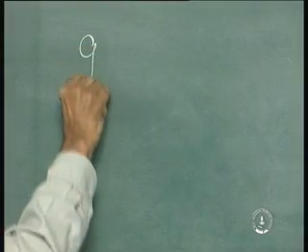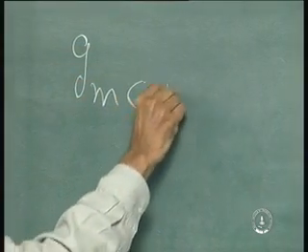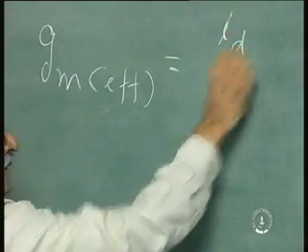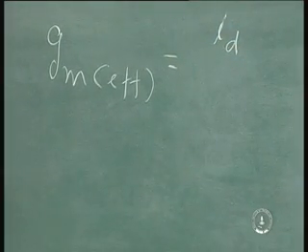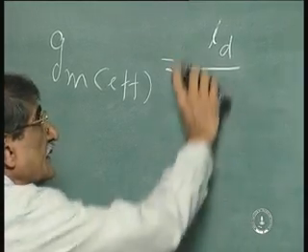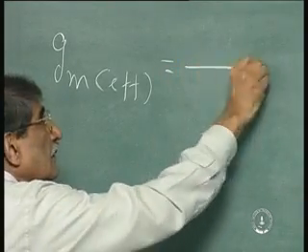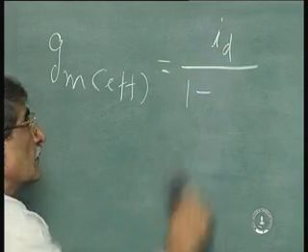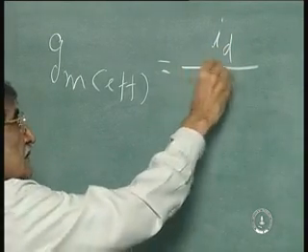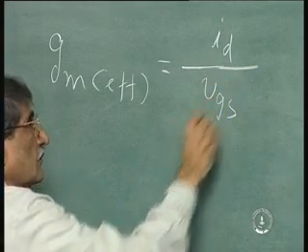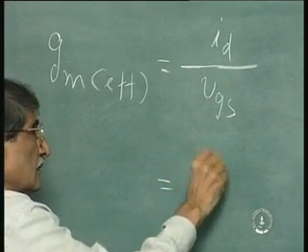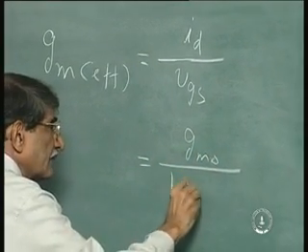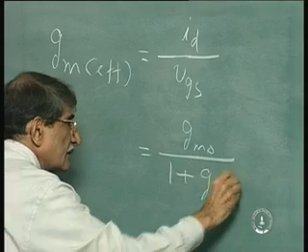So, that is effective GM equals drain current ID divided by VGS, which is equal to GM0 divided by, I am rewriting that, 1 plus GM0 times RS.